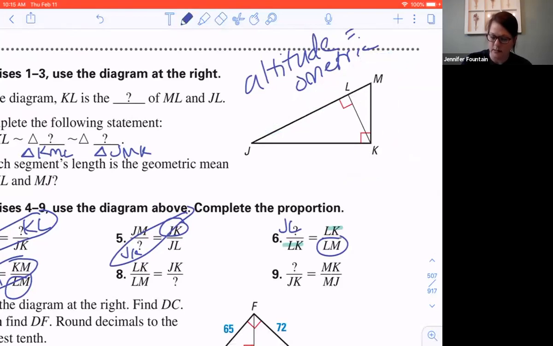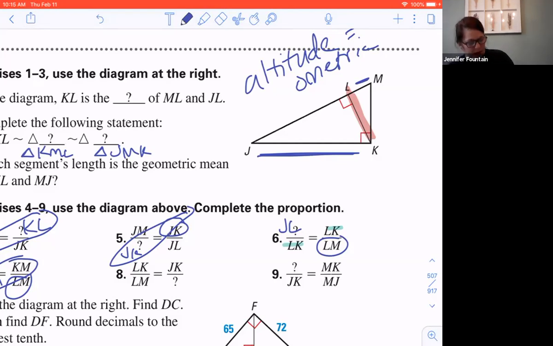Let's look at the next one. LK over LM is equal to JK over what? Okay, so notice I've got my long side over the short side of my first one. LK over LM, I've got my long leg over my short leg.